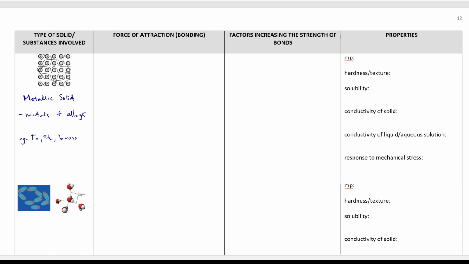So here is the model that I have used as my diagram for this example. And this is called metallic bonding.